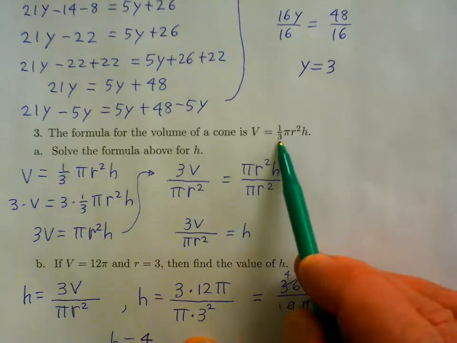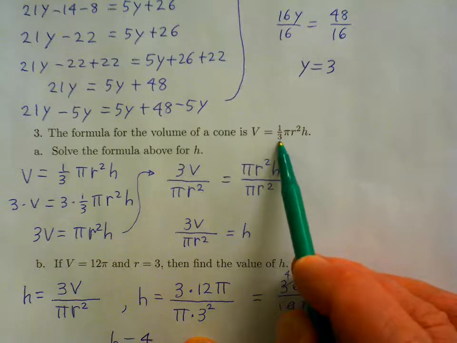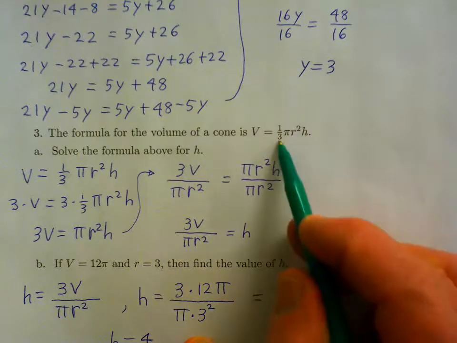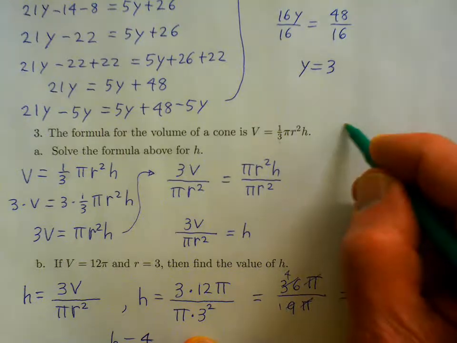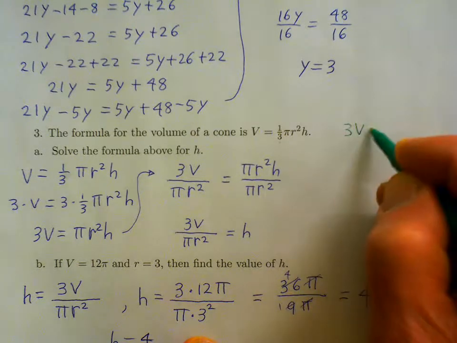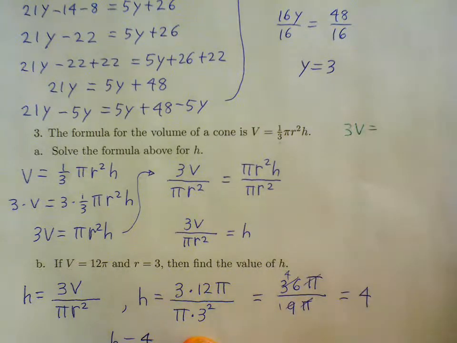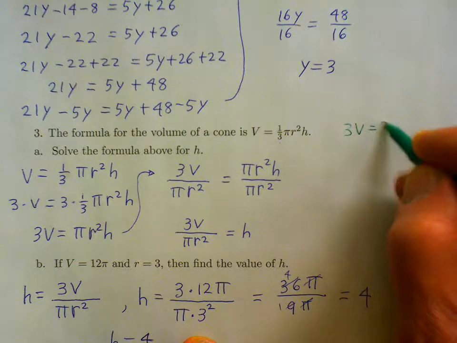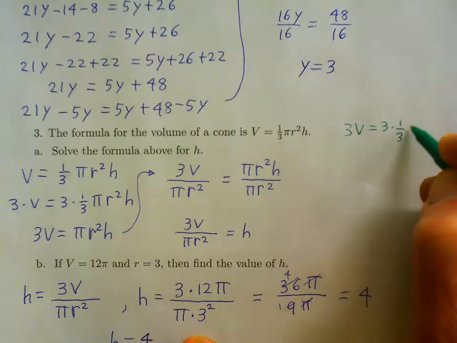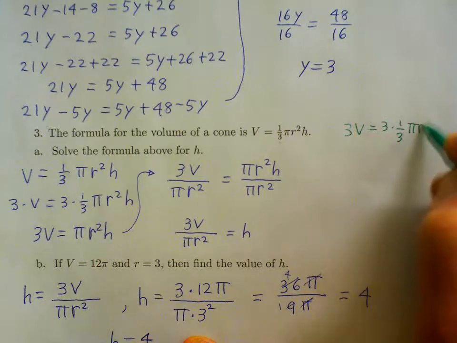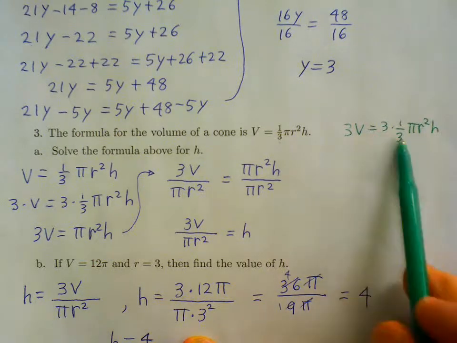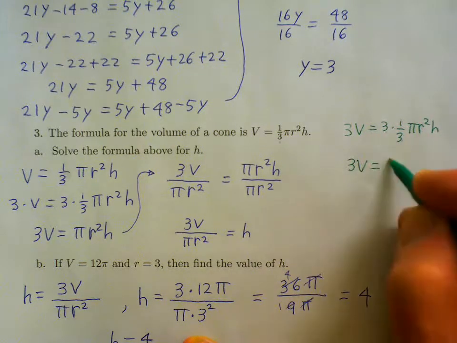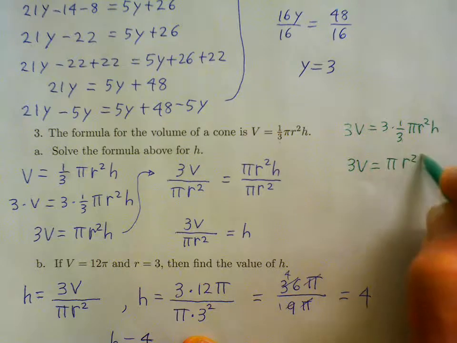Since we have a factor of 1/3 on the right-hand side, if we start by multiplying by the reciprocal of that, so multiply both sides by 3. So we get 3 times V equals 3 times 1/3 times pi r squared h. 3 times 1/3 is 1, so 3V equals pi r squared times h.